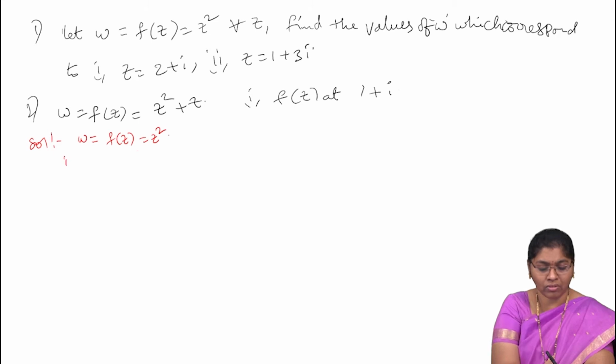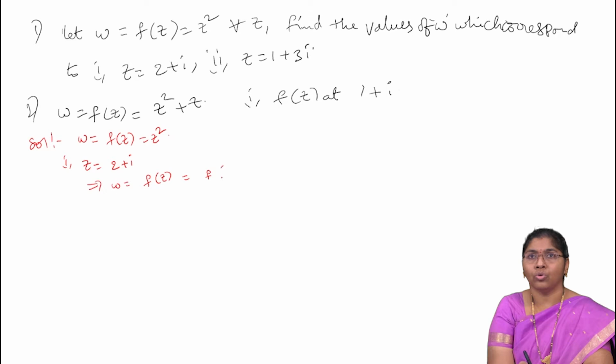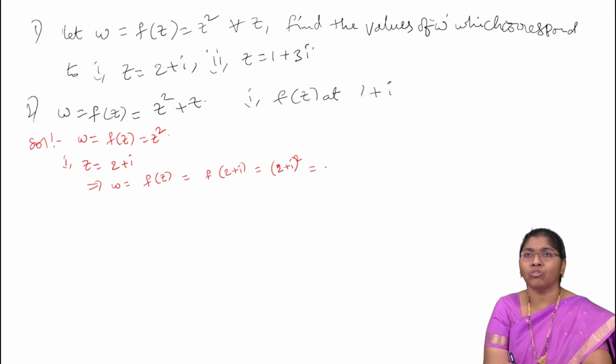Now the first part is z equal to 2 plus i, that implies w equal to f of z equal to f of 2 plus i, that equals 2 plus i whole square, that is a square plus b square plus 2ab, that means 4 plus i square plus 2 into 2, 4i.